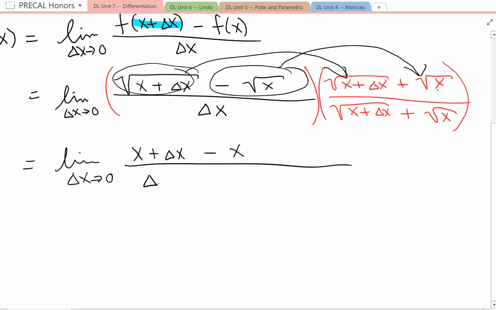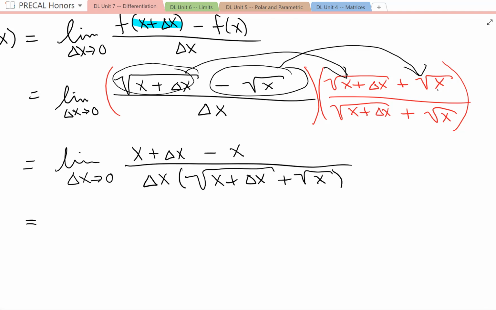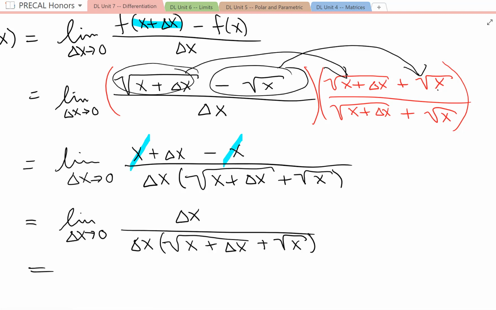All right, in the denominator we have delta x multiplied by this quantity. In the numerator we have x and negative x. That reduces to 0. Delta x over delta x is a special form of the number 1, so that will reduce.